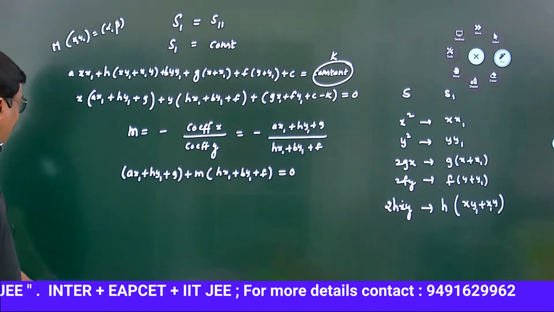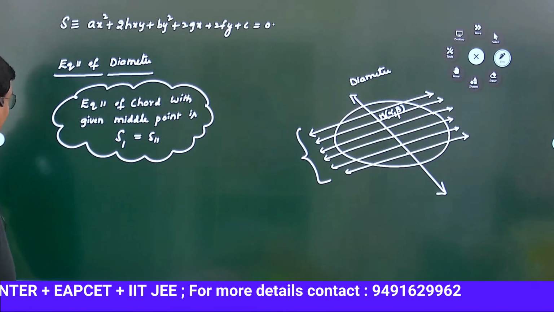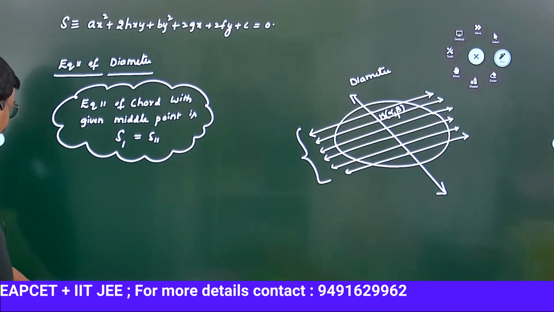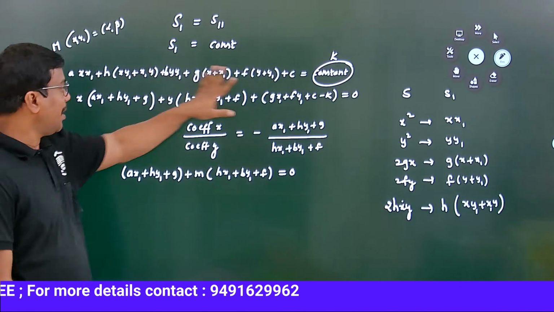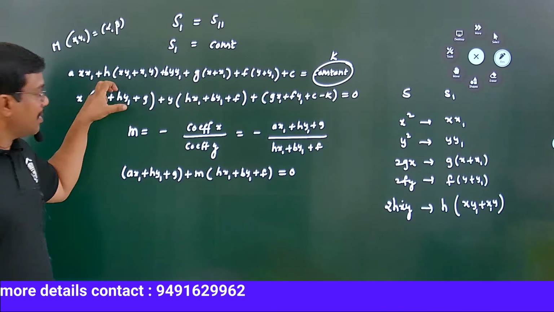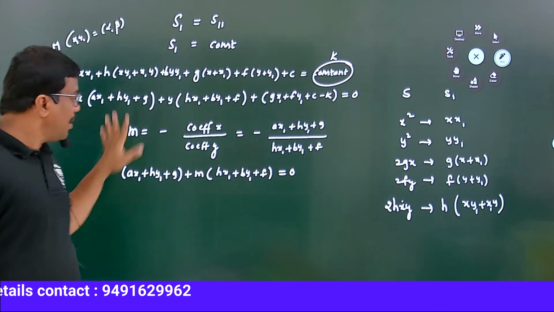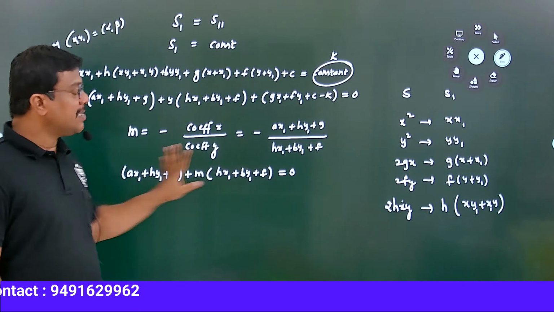With the help of the curve with given middle point, I got an equation up to here, and for which I am going to write slope, and finally this is the equation.